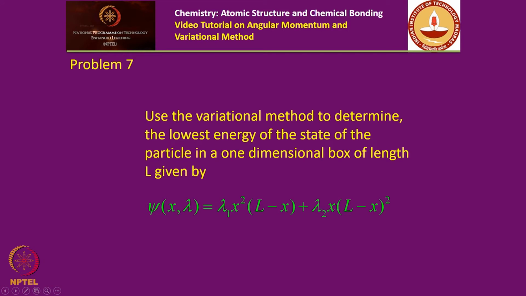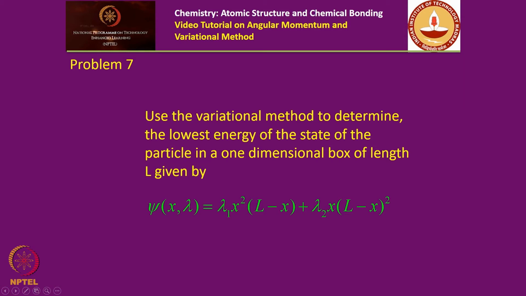Let us look at the next problem. This is algebraically it is a long problem, but the methods are extremely simple. I have given an exact calculation in the theory in one of the lectures earlier, and this problem is on the variational method and its use to determine the lowest energy of the state of the particle in a one dimensional box given by the formula given by the state.